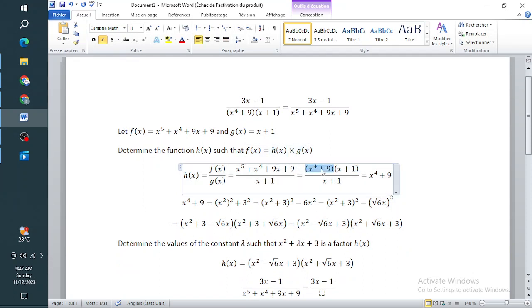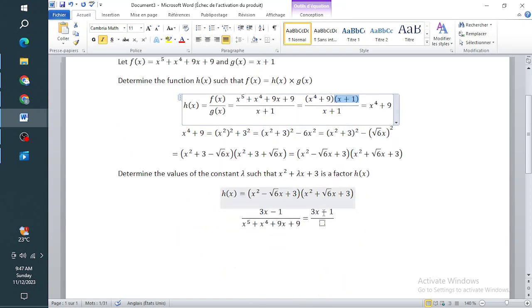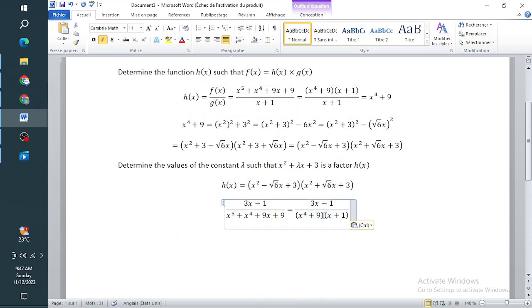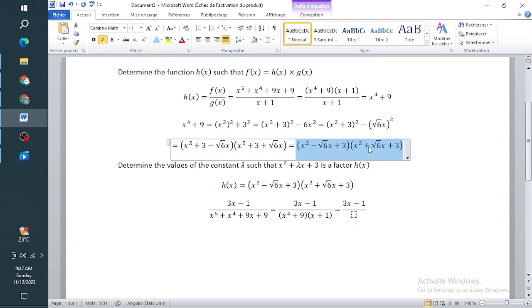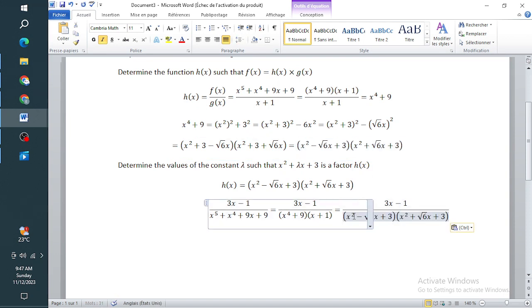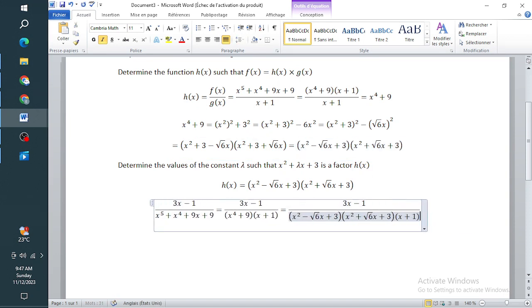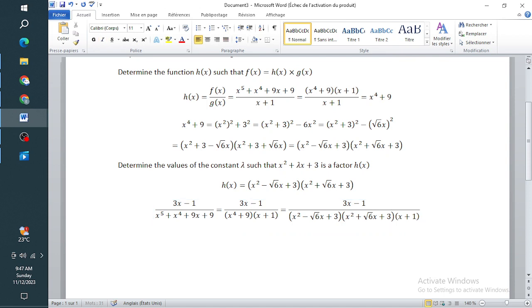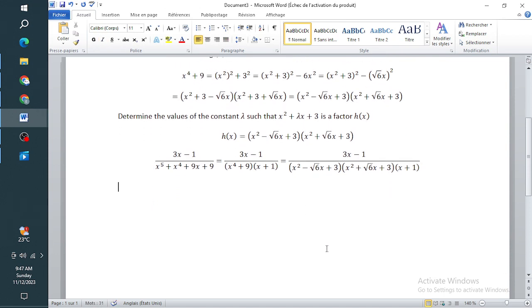This is h of x and this is g of x. This h of x here has been factorized again into these two factors. So you have done factorization again. You have factorized h of x into its two quadratic factors.